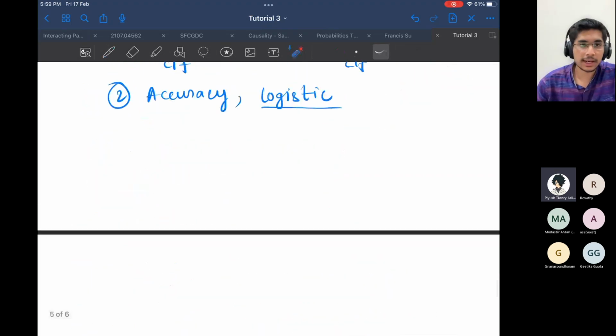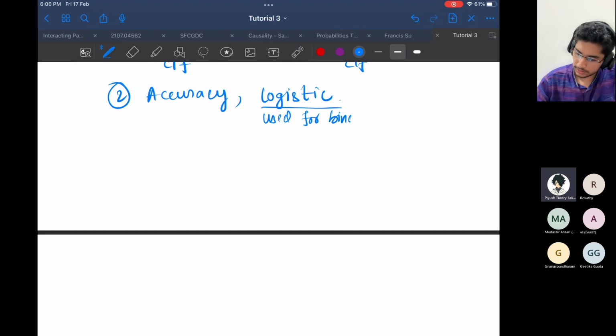Logistic function, how many outputs can it handle? Just two outputs, right? This is used for binary classification, not for three-class or multi-class classification. And accuracy is not an activation function.